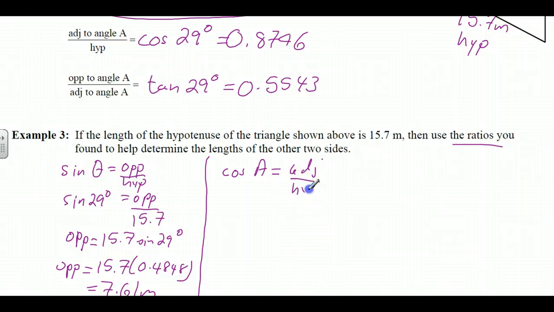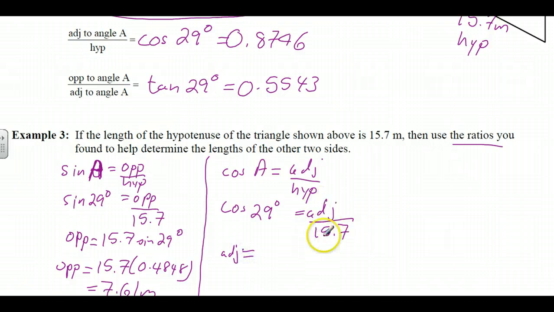It's adjacent over hypotenuse. Cos 29 degrees is adjacent over 15.7. Multiply both sides by 15.7.